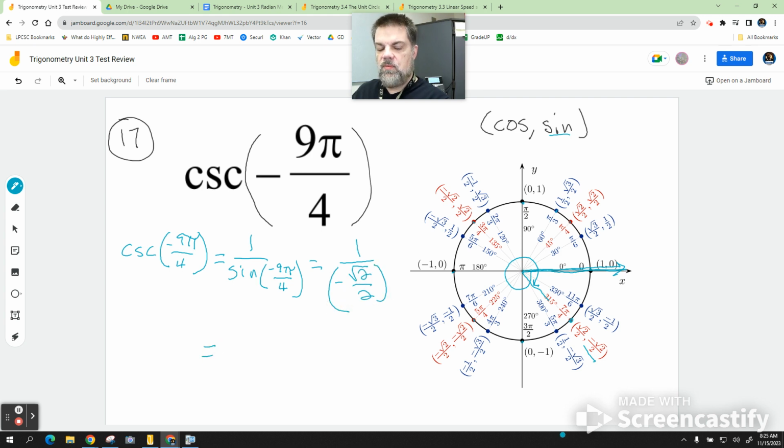So remember that when you divide by a fraction, you multiply by the reciprocal. So that gives me negative 2 over root 2.